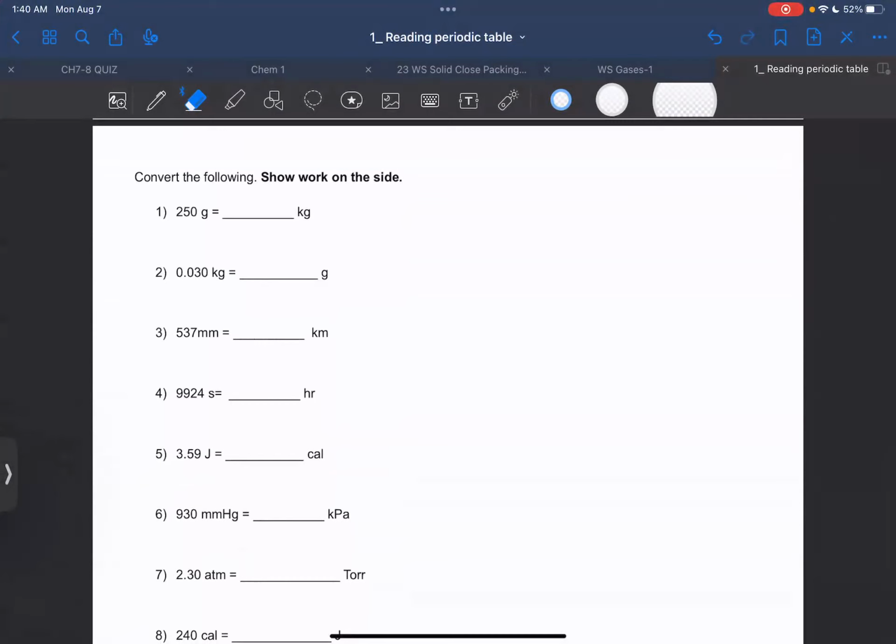Okay, let's go ahead and run through one. You have 250 grams, right? I at least want you to write these units so that you can show me that the units cancel out. The unit that we don't want will go on the bottom. The unit that you want goes on the top.